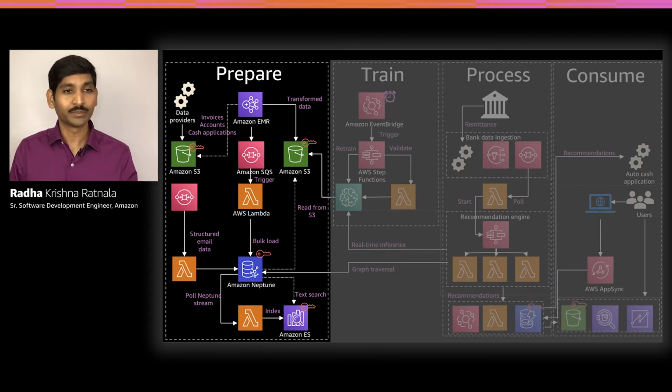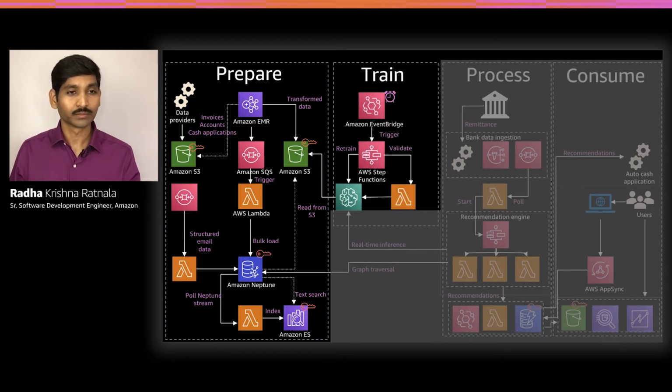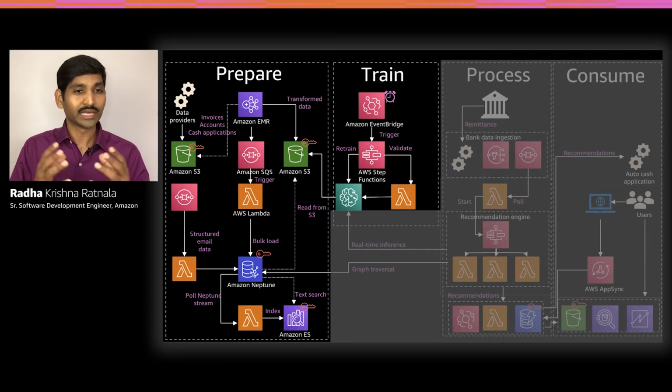Now that the data is prepared, let's see the training process. We take all the historic cash applications, use a SageMaker model, and deploy it to a SageMaker endpoint for a machine learning model. Every day we kick off a trigger using Amazon EventBridge and run a Step Function for the training process.